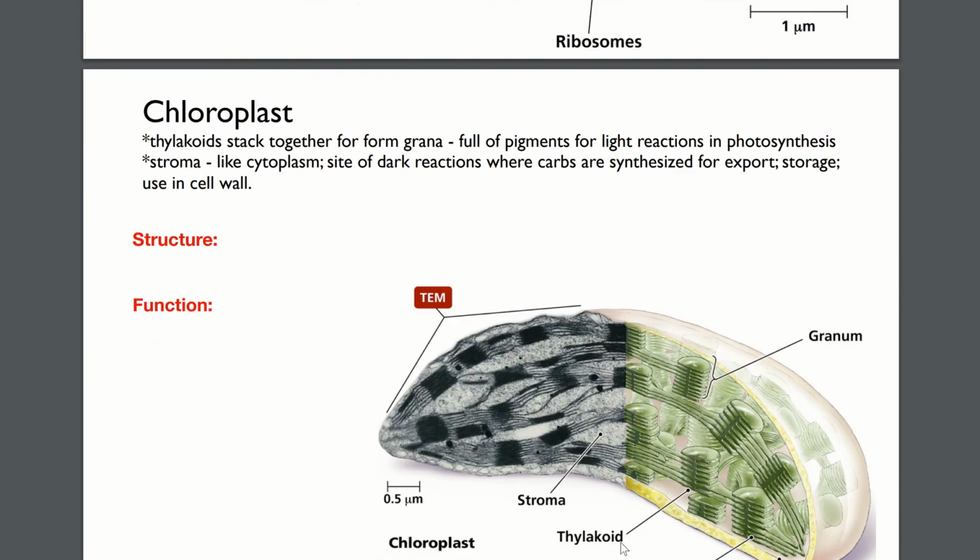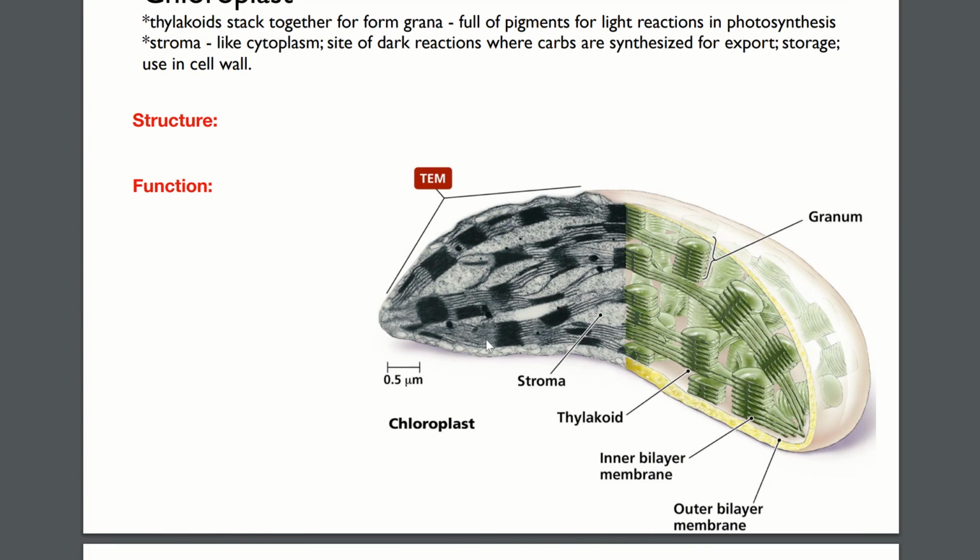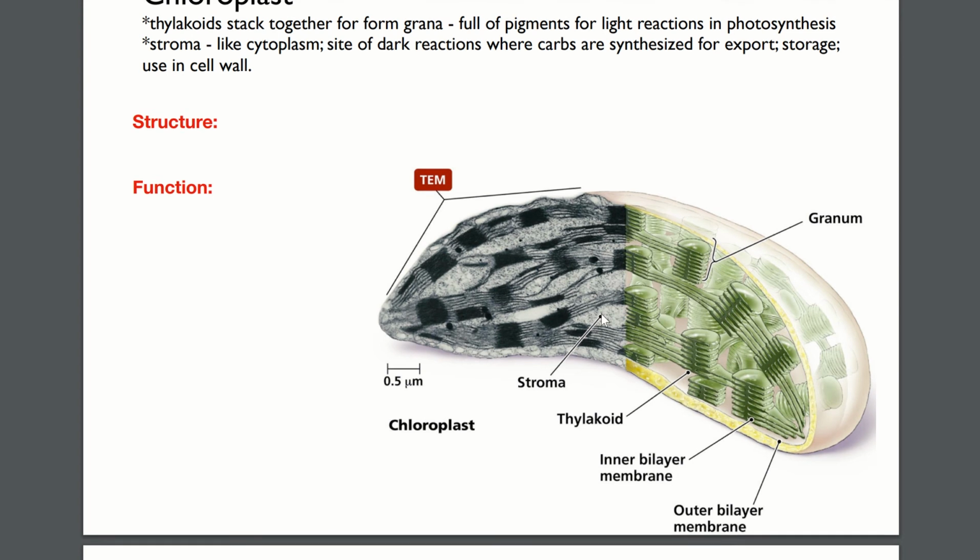Chloroplast. Now, chloroplast is only found in plants, not in animals. We don't need chloroplast. And the stroma is just referring to the gel-like liquid that's in the chloroplast.